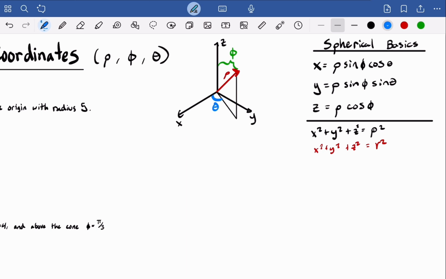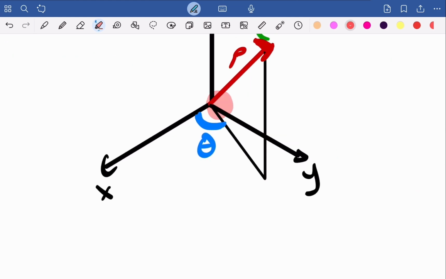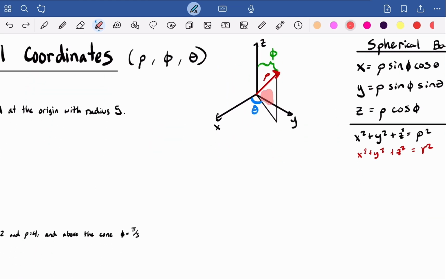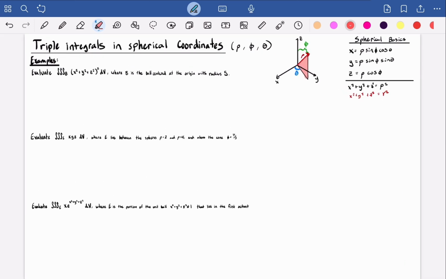So now you can kind of picture how we derive these coordinates from our Cartesian, and this is going to be helpful for finding the bounds of each one, because we're going to have to really know on a conceptual basic level how these spherical coordinates relate to the Cartesian coordinates. And this picture right here is basically going to be your guide.